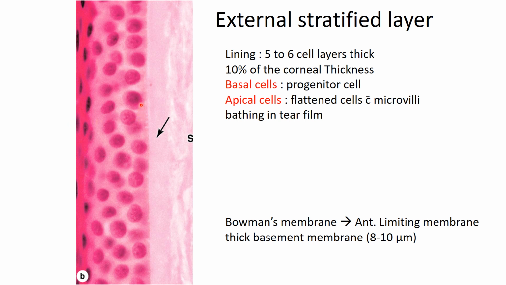These basal cells arise from the portion of the limbus. They are highly proliferative cells, important for the renewal and repair of the corneal surface, and they arise from the corneoscleral limbus.